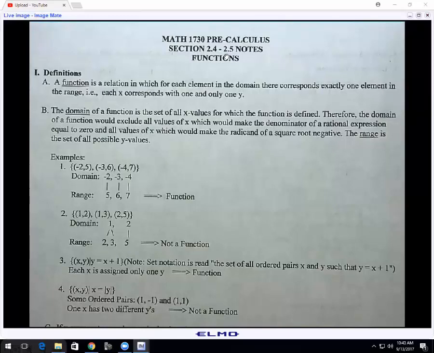For each person, you give me your favorite color M&M and your shoe size, and I can make a bunch of ordered pairs for that. But a function is a special kind of relation. A function is a relation where each x only corresponds to one y. Or I like to think each question only has one answer.